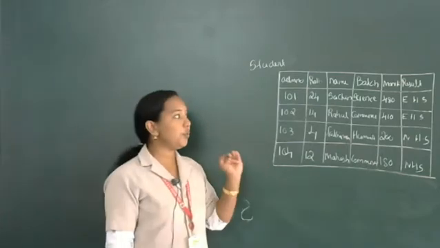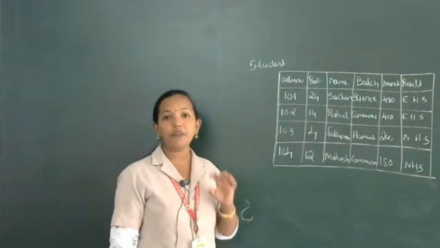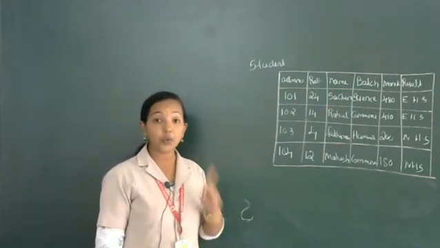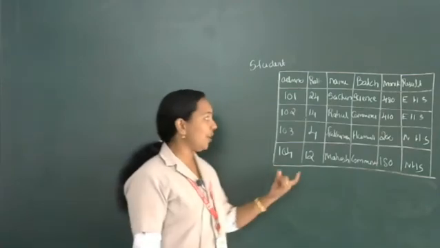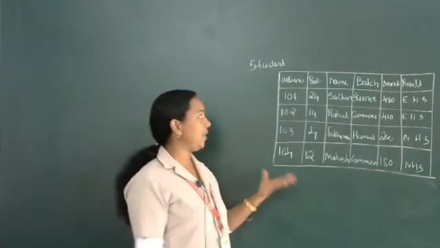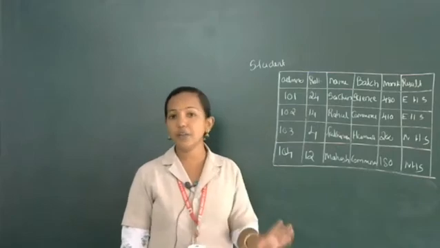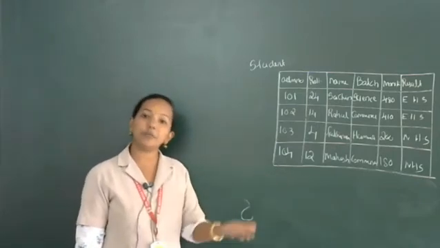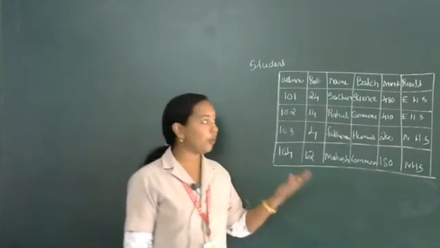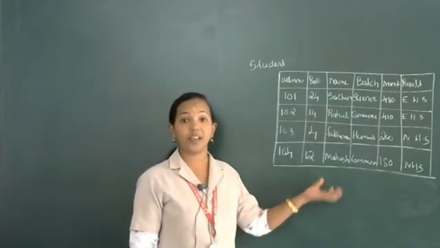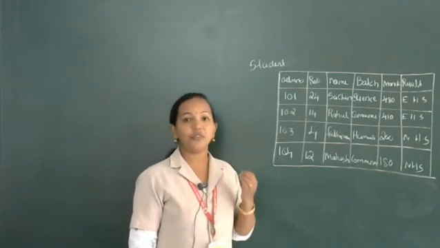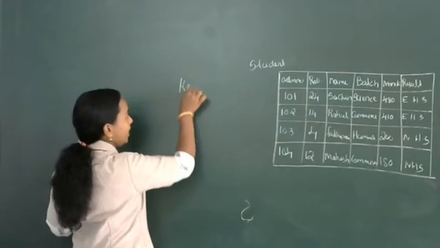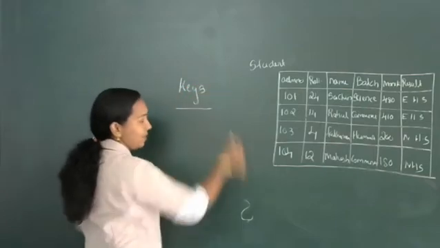Suppose you want to uniquely identify a tuple from a relation, you need a unique identifier. In this relation we can use the admission number. There will be no same admission number for students; all have a unique admission number. So normally for uniquely identifying a student or a tuple from a relation, we require a unique identifier. Those unique identifiers are known as keys.